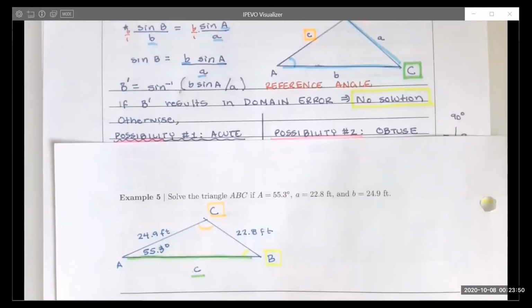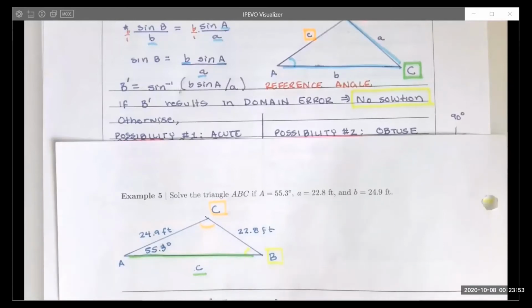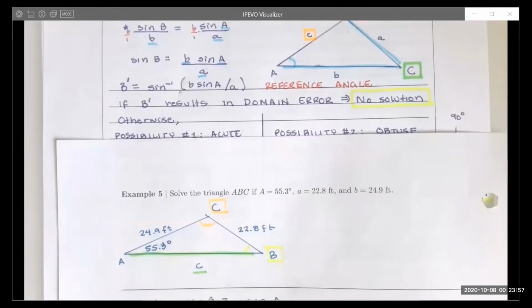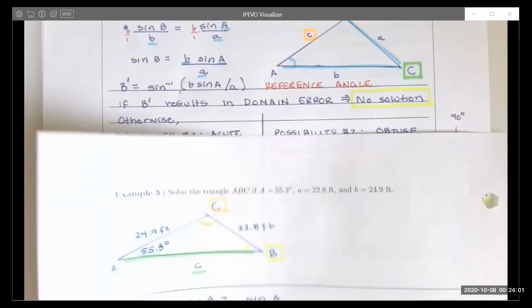Okay, so here's one. Let's try this example.